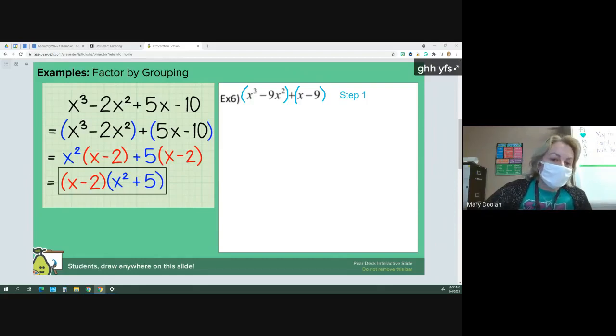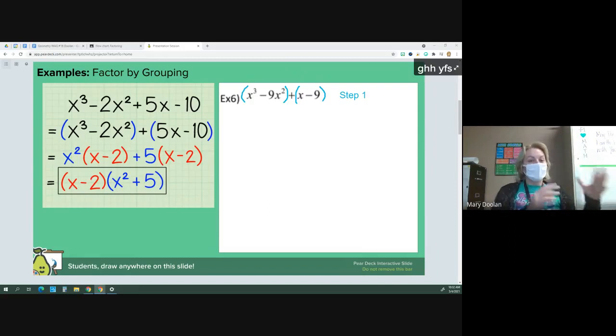Step 2 is to look at each of these separately and try to find a common factor that they have. X cubed and 9x squared. So when you're doing this, maybe you want to type it out. Maybe you can just see it. I'm going to type it out because I don't know if that is something that you can do yet.